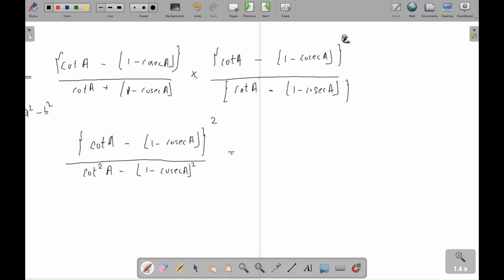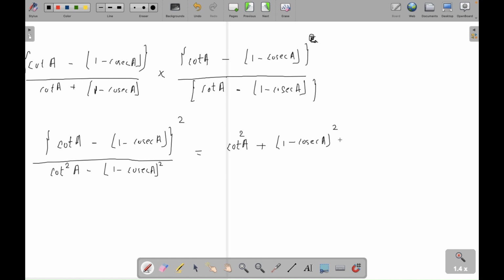So this will become cot square A, so A square, plus 1 minus cosec A whole square, which is B square, minus 2 cot A times 1 minus cosec A. Right?